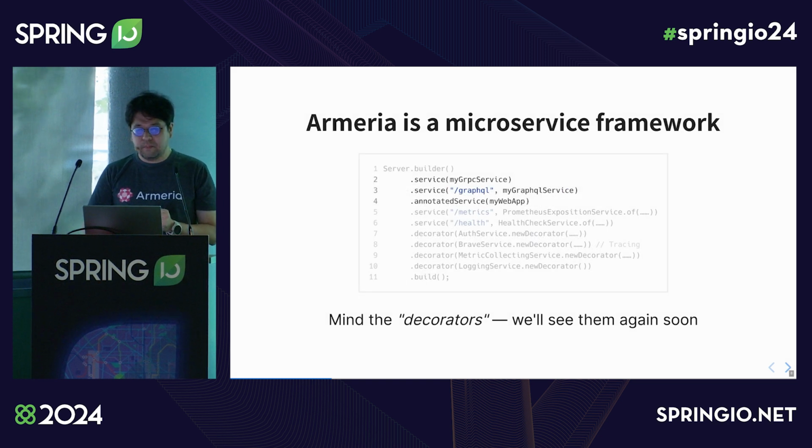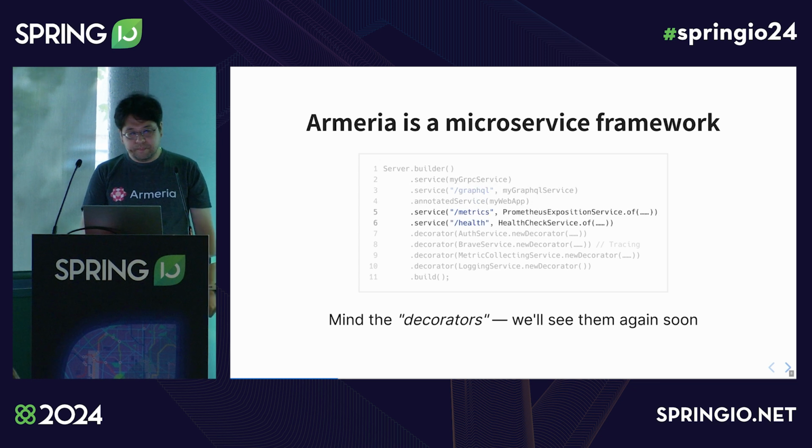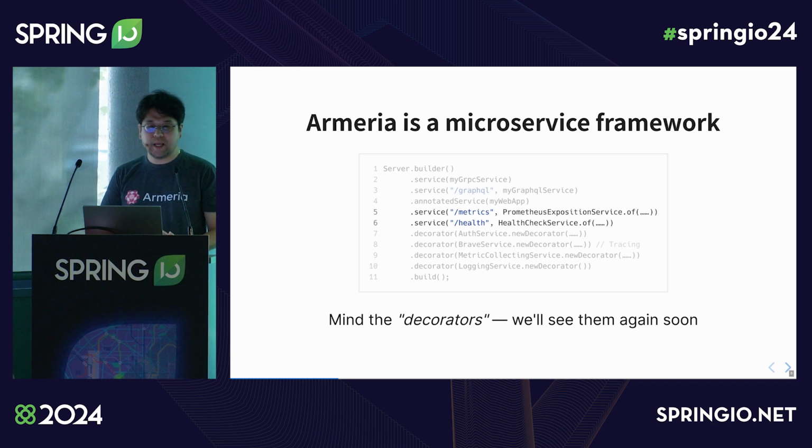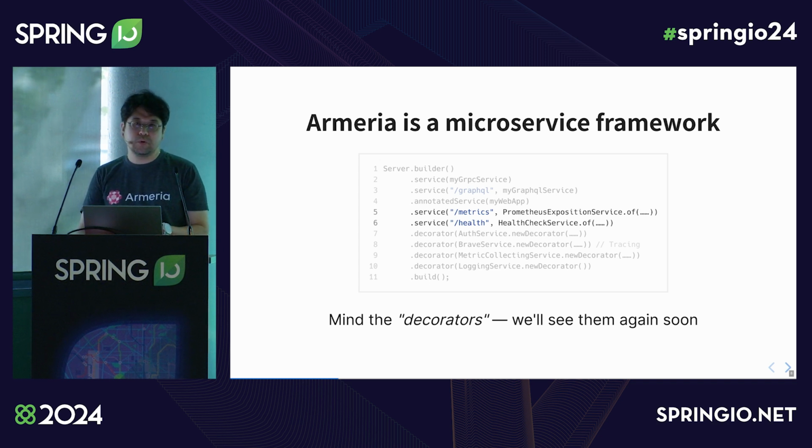However, what makes Armeria shine is its ability to integrate many different technologies. Here, we built our server to serve 3 different application-level protocols: gRPC, GraphQL, and RESTful API. It also provides some useful implementations, like a Prometheus exposition service and a health check service, to expose metrics and respond to health check requests from a load balancer.